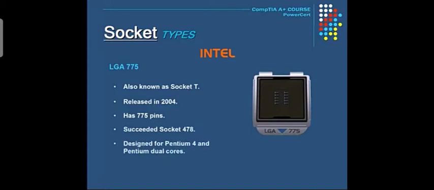And this is also known as socket T. It was released in 2004, and it has 775 pins, as its name states. The LGA 775 was the successor to the socket 478, and it was designed for the Pentium 4 and Pentium dual-core processors.